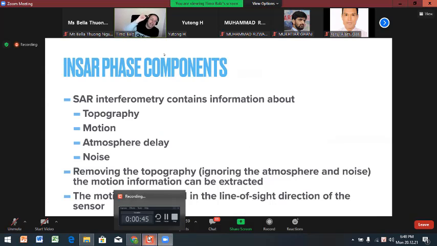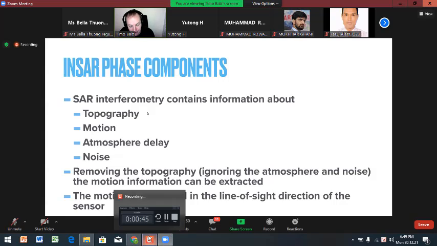Now, our InSAR contains the topography, the motion, the atmospheric delay, and noise. It's all mixed together in the phase that you get. The topography phase would be an unwrapped phase, the motion phase would be an unwrapped phase, the atmospheric delay would be an unwrapped phase.